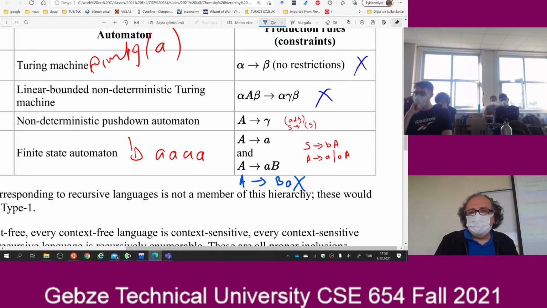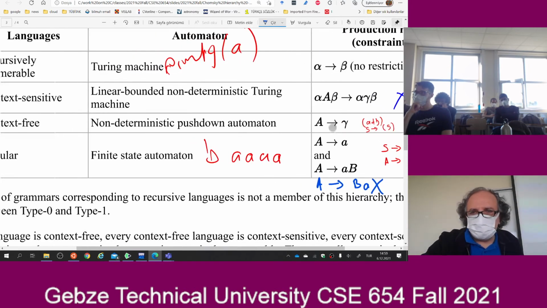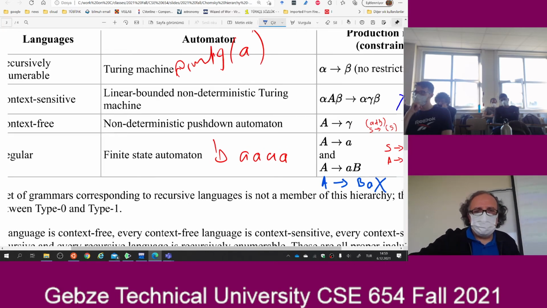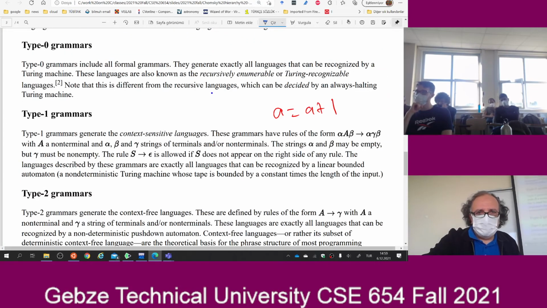You need the power of a full computer to do this parsing. So parsing of such grammars will be difficult. Your algorithms can take exponential time and exponential memory. We like these two because we have very nice algorithms for them. So we like to stay at the context free side.